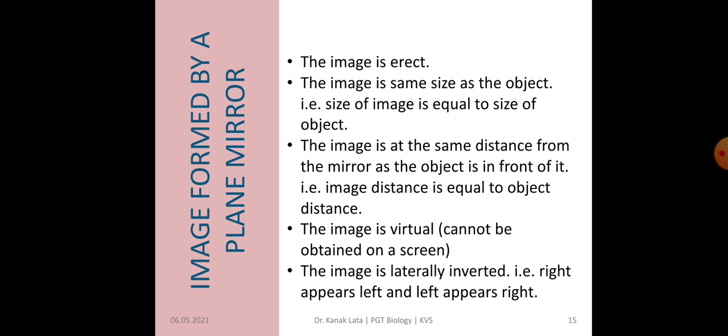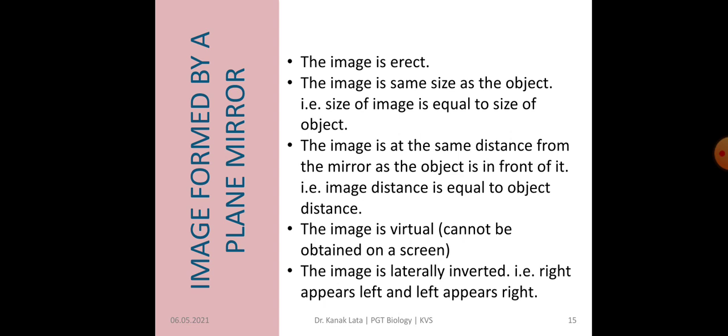Now let us discuss the image formed by a plane mirror. There are different features of the image formed by a plane mirror. First, the image formed by a plane mirror is erect. Erect means it is virtual.